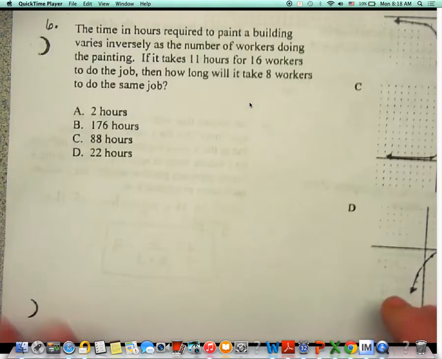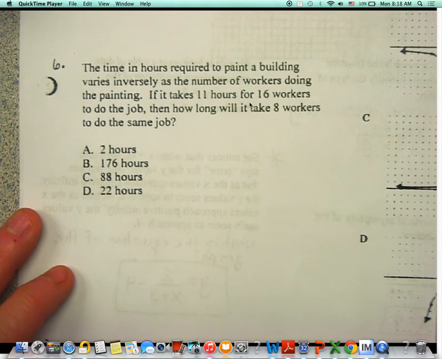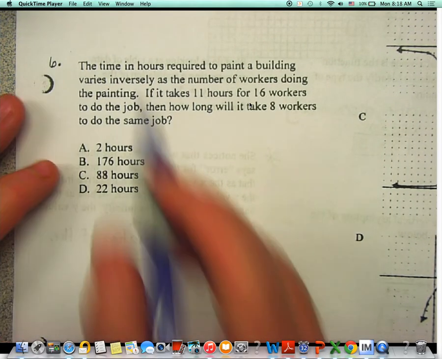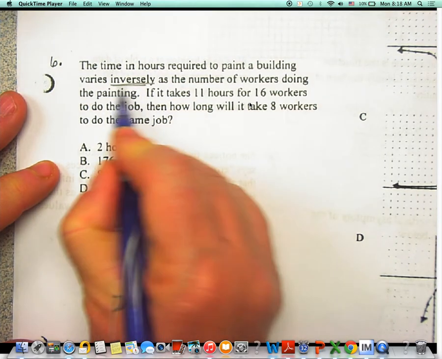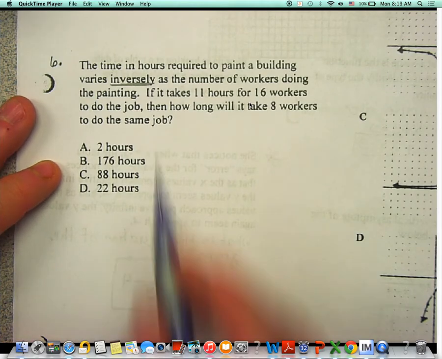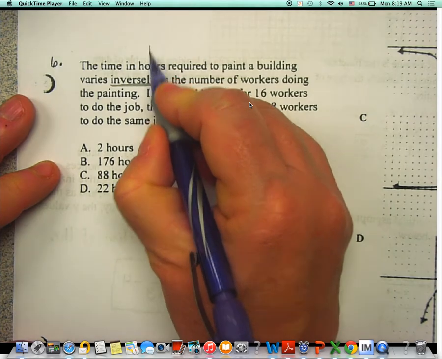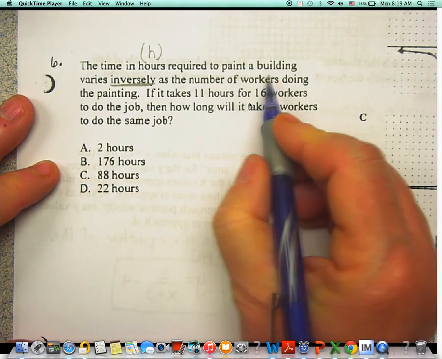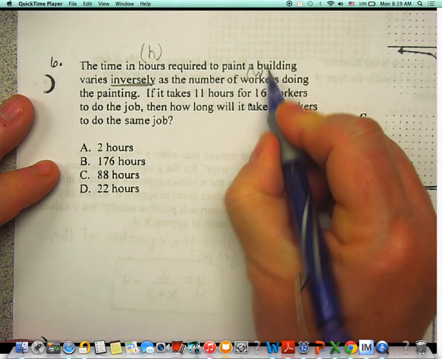Okay, number 6. The time in hours required to paint a building varies inversely, underline inversely, as the number of workers doing the painting. So we have hours, we can call that H, required to paint a building varies inversely as the number of workers, we'll call that W for workers.